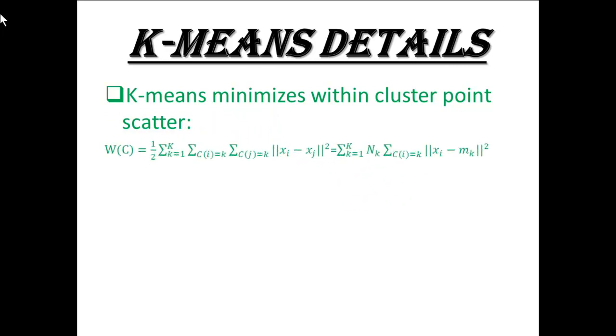W of C equals 1 by 2 times the summation over k equals 1 to K, summation over Ci equals k, summation over Cj equals k of the distance between xi and xj, which equals the summation over k equals 1 to K of nk times the summation over Ci equals k of the squared norm of xi minus mk.